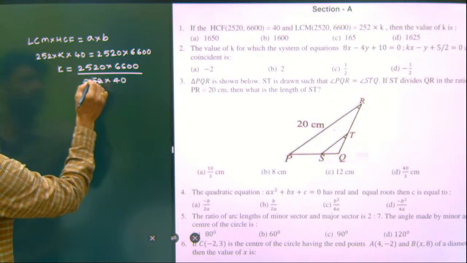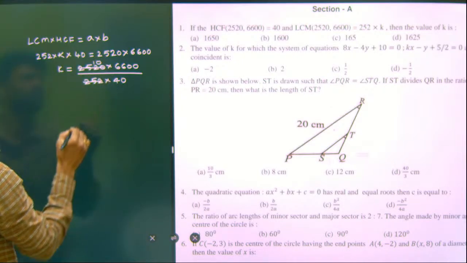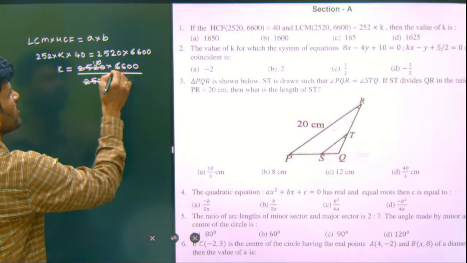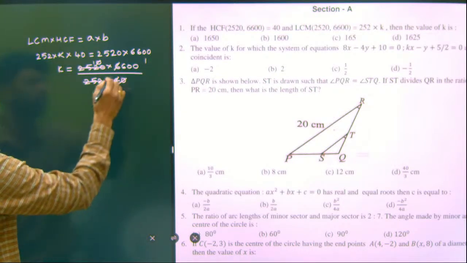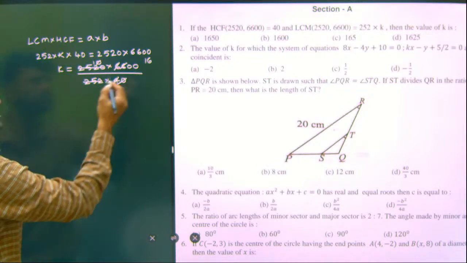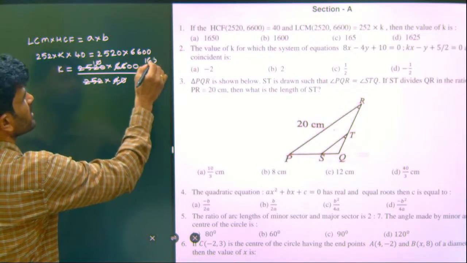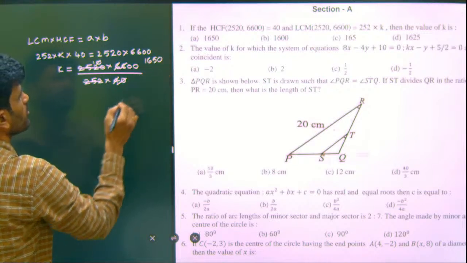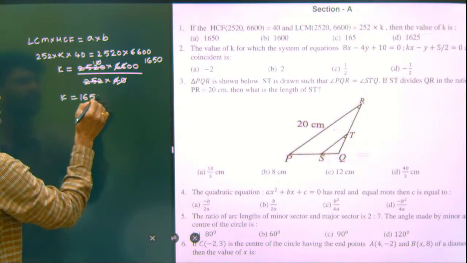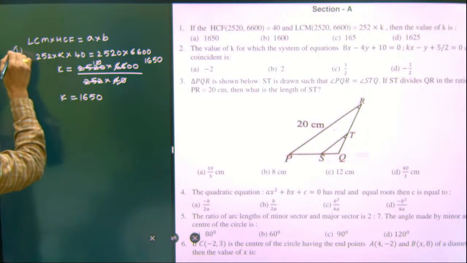Here 252 ones are 252, tens are, 10 also we can cancel. Now 4 ones are 4, 2 6s are 12, so 4 6s are 24, 4 5s are 20, then 0. So what is the value of K? K is 1650. So first question is about LCM and HCF.